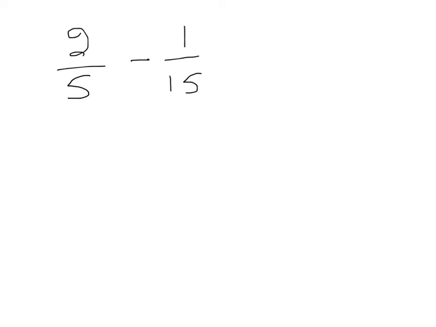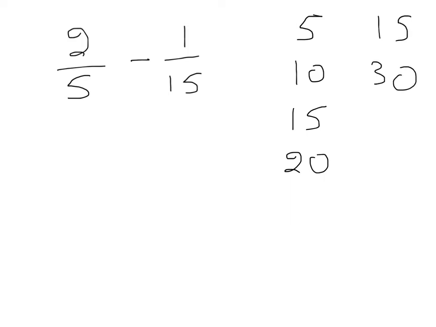Again, we need to fix this so our bottom number is the same. So if we look at our 5 times table and our 15 times table, we've got 5, 10, 15, 20. We start with our 15 times table. We've got 15, 30, and 45.